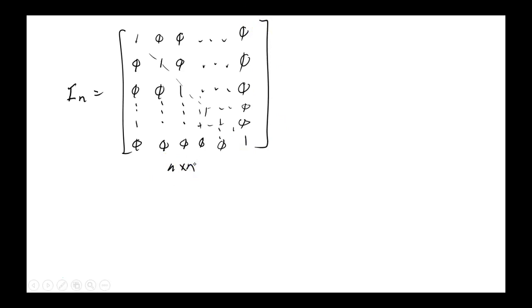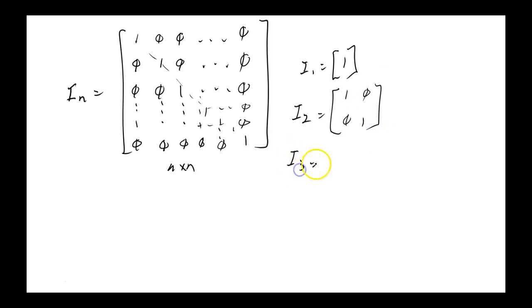Okay, I put too many things in there. So, what's your I sub 1? 1, that's it. Not much of a matrix. What's your I sub 2? Perfect. I sub 3? Yeah, and so on and so on.